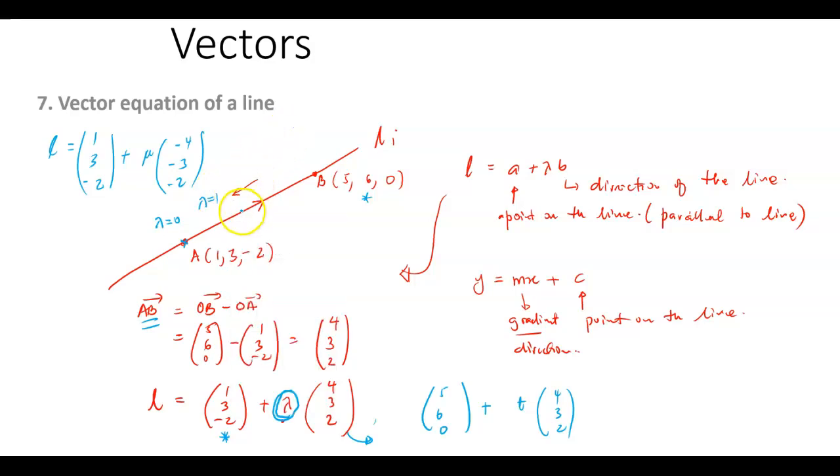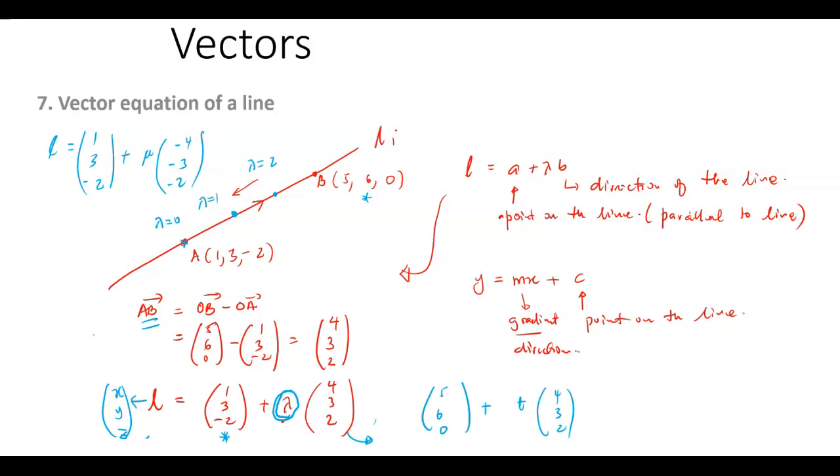If lambda is equal to 2, I get another point. I just substitute, and for any value of lambda you come up with your points. This r stands for x, y, z. That's the vector equation of the line.